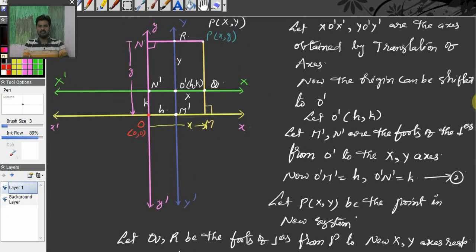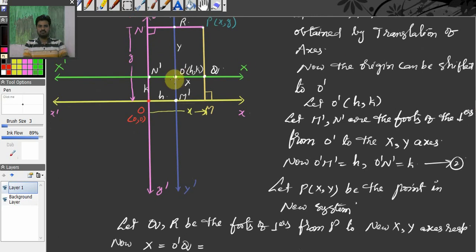Coming to the diagram, O dash Q will be equal to M dash M. Observe that in the diagram M dash M is equal to OM minus OM dash. Okay, M dash M will be obtained by subtracting OM dash from OM.